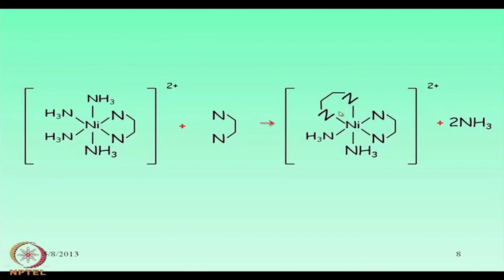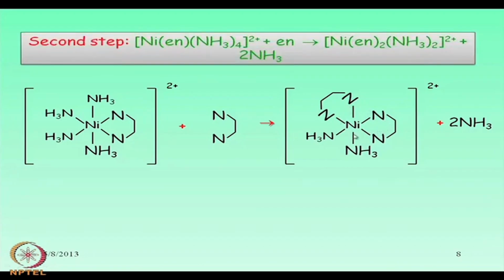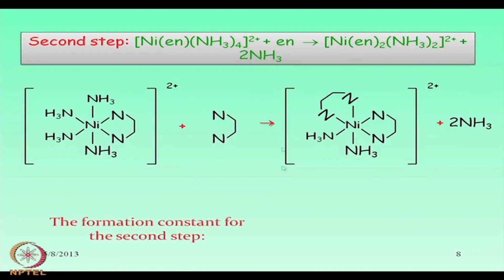So, the second chelate ring is also attaching to the molecule, and we can write this particular equilibrium. How we can break the entire reaction basically is by utilizing the reaction for Ni(en)(NH3)4 2+ plus en, giving rise to Ni(en)2(NH3)2 2+ plus 2 NH3 molecules which were present.